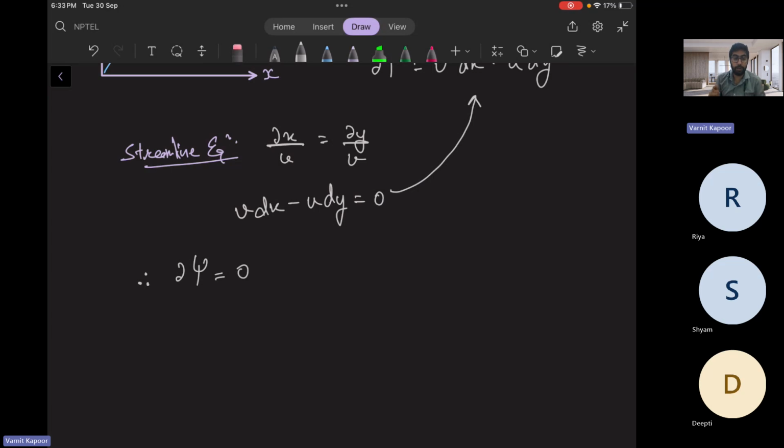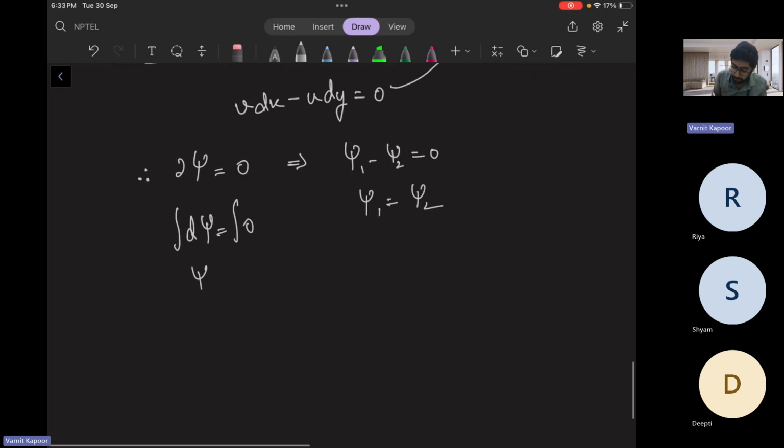So that means for a streamline, the change in the stream function is 0. If the change in the stream function is 0, that means psi 1 minus psi 2 is 0. So both are equal. Psi 1 is equal to psi 2. Or I can say that if I integrate d psi and integrate 0, your function psi is nothing but constant.